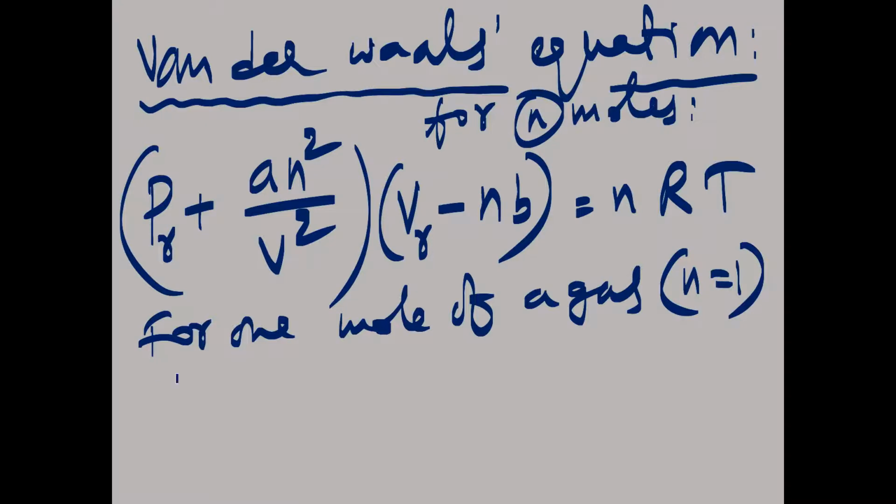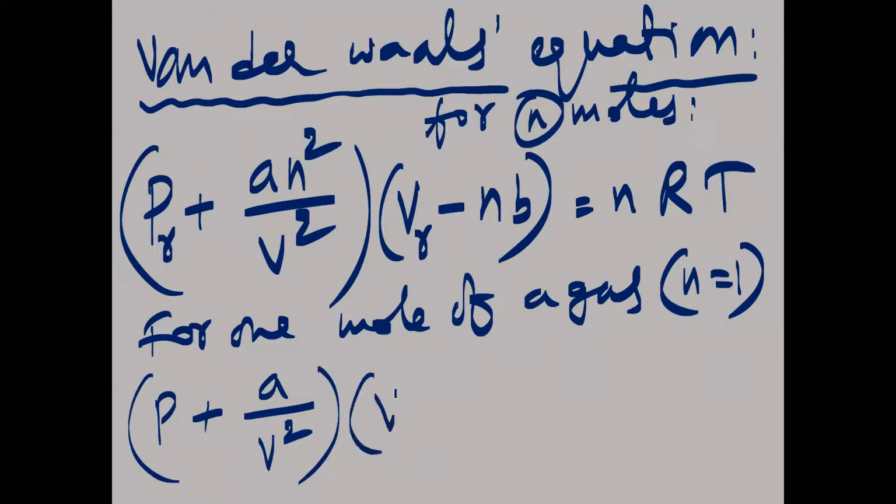In this case, the equation becomes P plus a into 1 squared, that is a by V², into V minus n into b, that is 1 into b, equal to nRT, that is 1 into RT. So for 1 mole of the gas, the equation is (P + a/V²)(V - b) = RT.